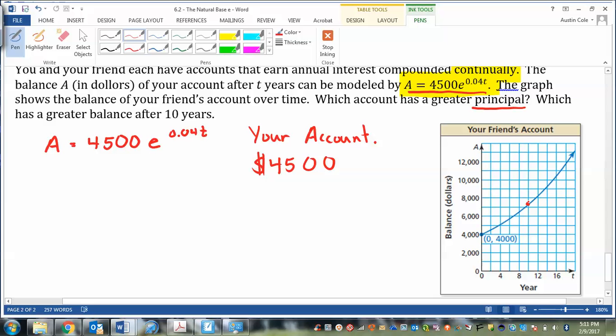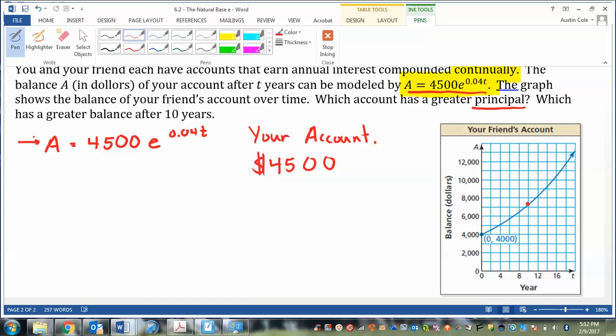Now, why don't we type our equation into our y equals. So 4,500, and then we're going to do e, and we're going to raise that to 0.04x. And we can go second table. And I want to go to 10.